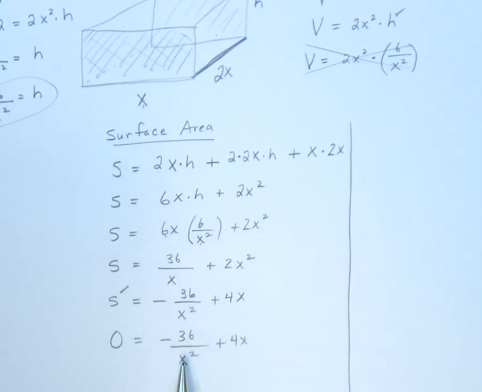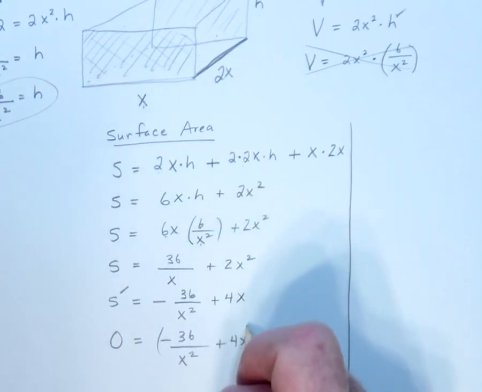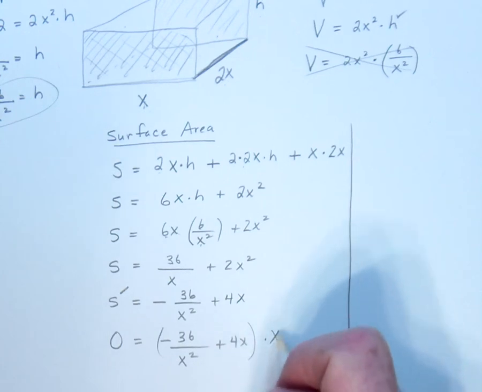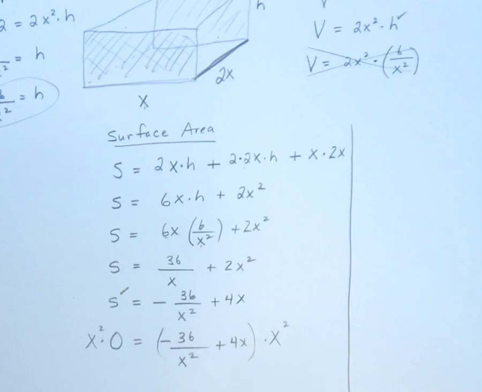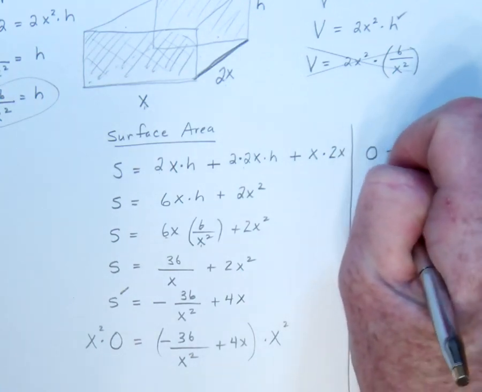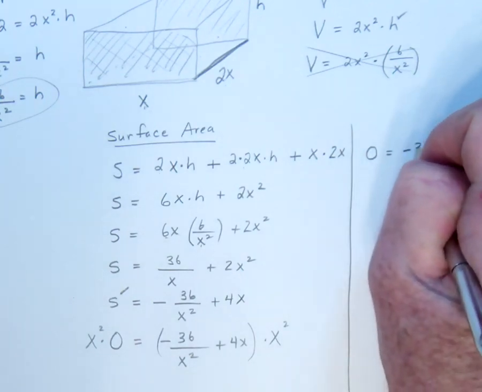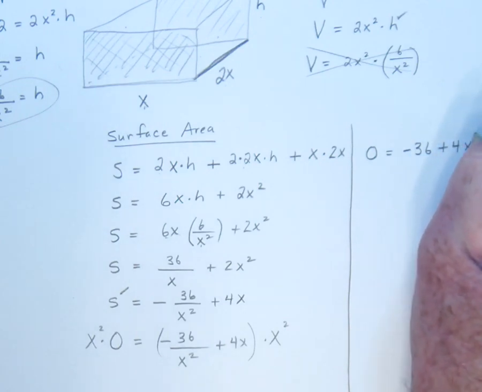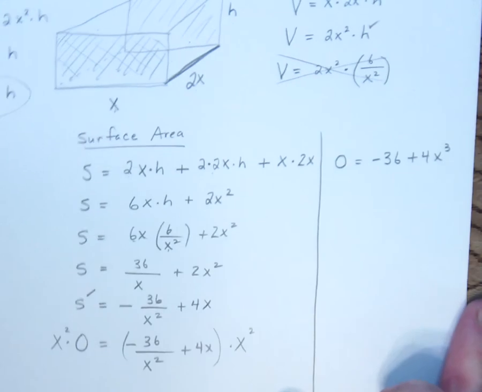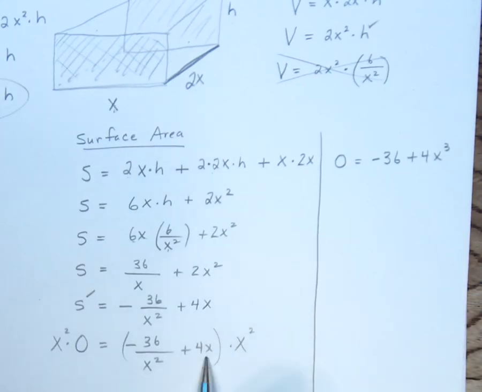So take this and set it equal to 0, like I've already done twice. Get rid of the fraction, multiply both sides by x squared. So it's going to say 0 equals negative 36 plus 4x cubed. Just distribute this x squared, you'd get negative 36 and 4x cubed.